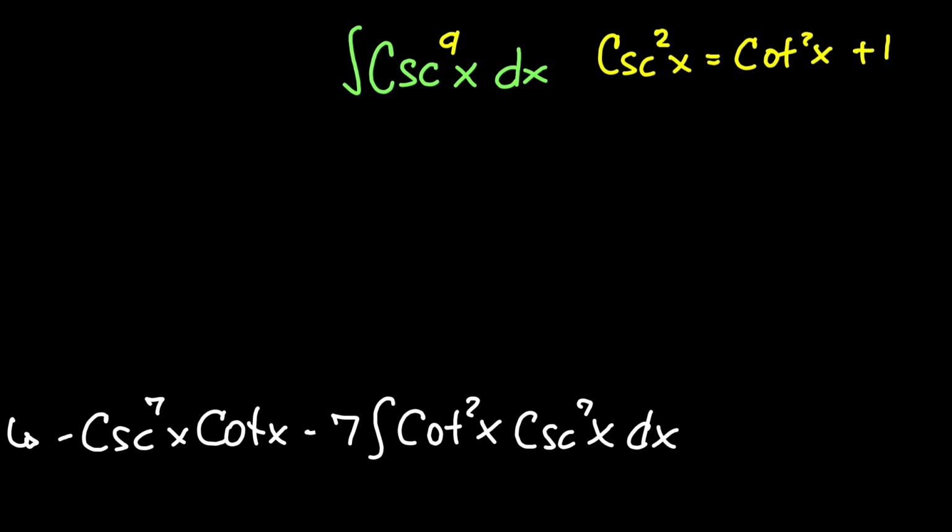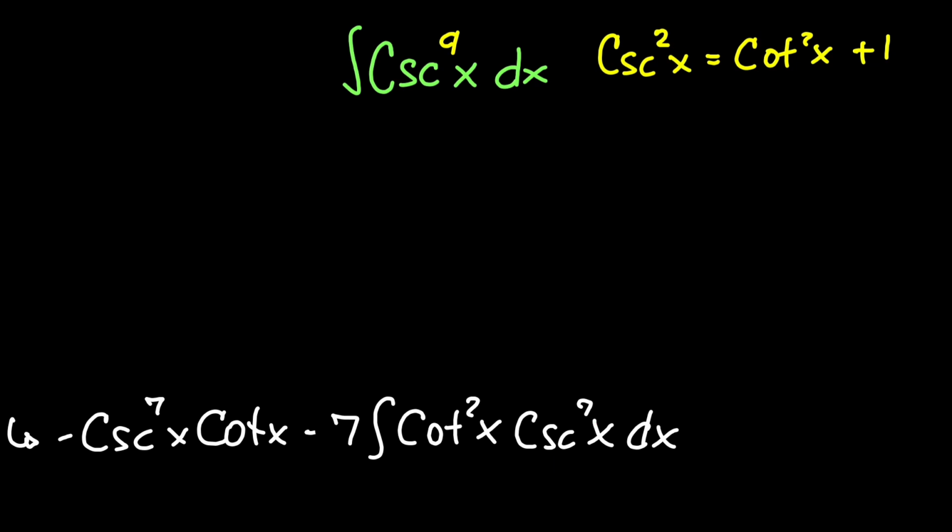Now, first, you must ask yourself, which is better to substitute in here? Would it be the cotangent squared of x or the cosecant squared of x? Let us try first cosecant squared of x. Cosecant squared of x here, we can substitute it. But since what we have here is a cosecant to the power 7 of x, 7 here is an odd number, but the exponent in here is an even number, so you cannot do it.